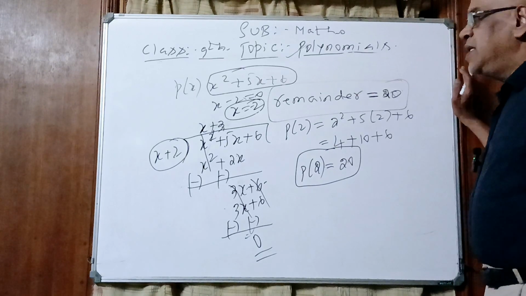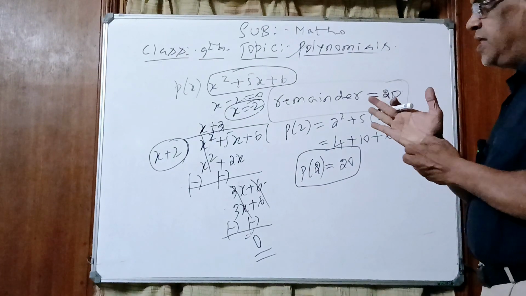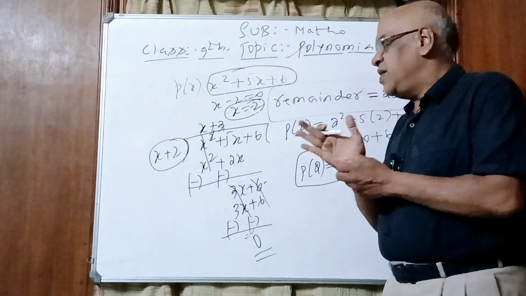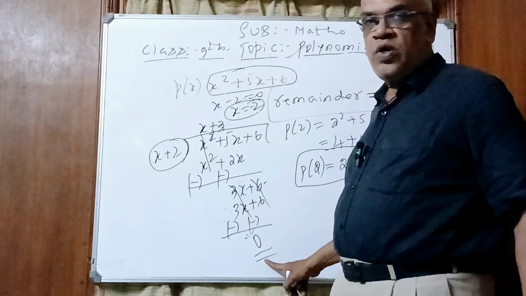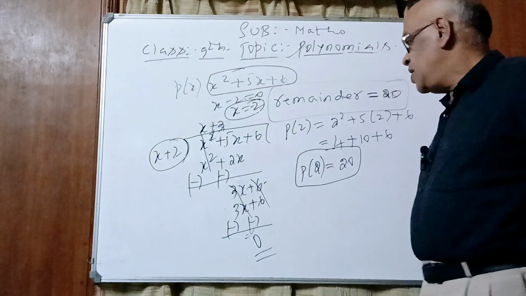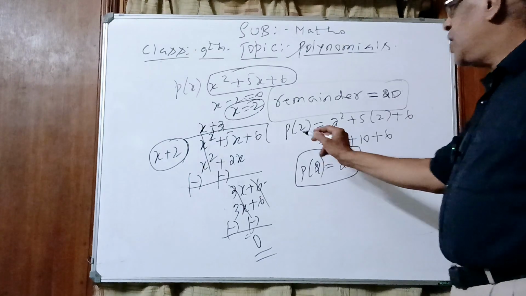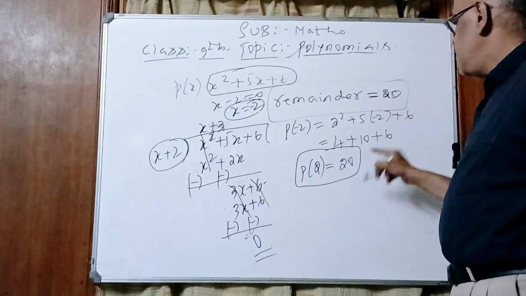If x is equal to a, where a is a real number, when x minus a divides the polynomial and the remainder is 0, then x is equal to minus 2 is the zero of the polynomial. Here we have put plus 2, now put minus 2. When you put minus 2, what do we get, children?